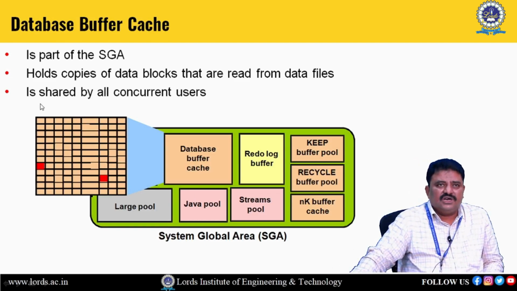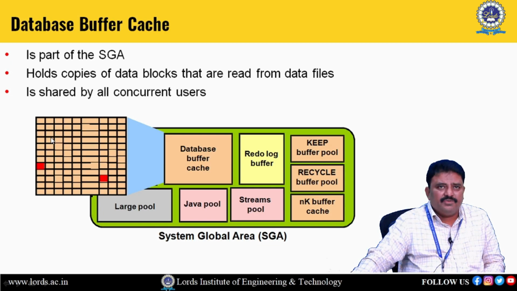Database buffer cache. As I told you, all the data which is loaded from the disk inside the Oracle instance, which holds the SGA. The SGA has a part called the database buffer cache. And all my transactions, once I write, insert, or update some data, will be written initially into the database buffer cache.